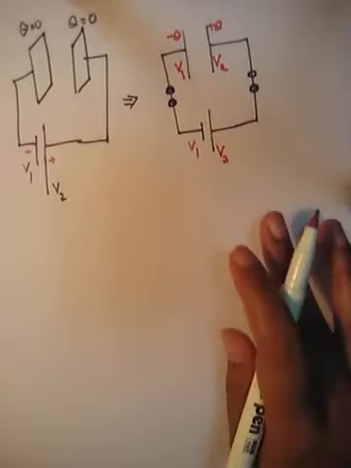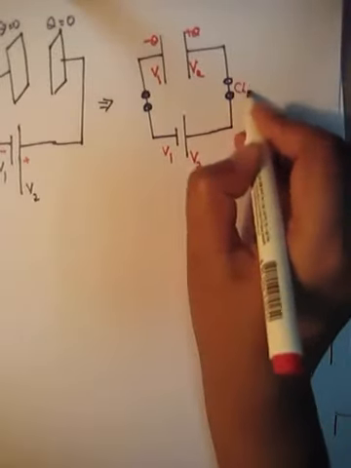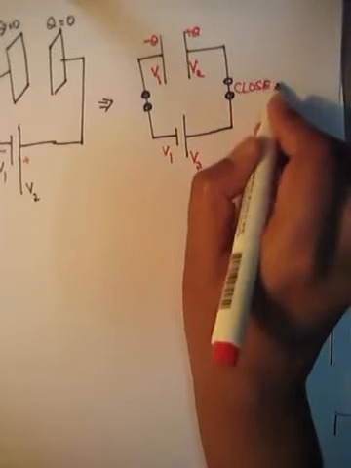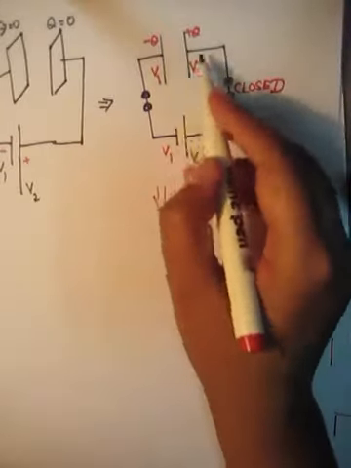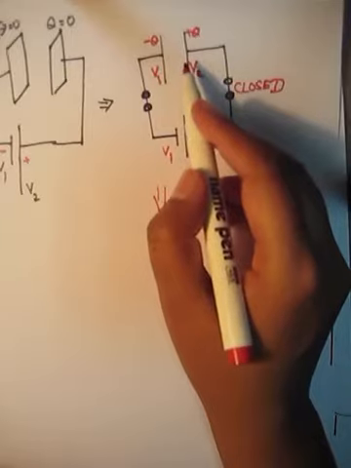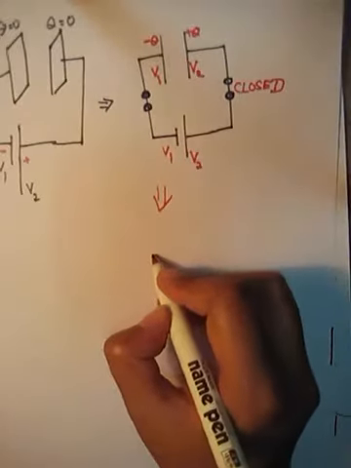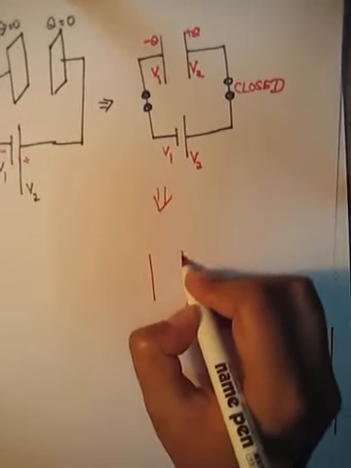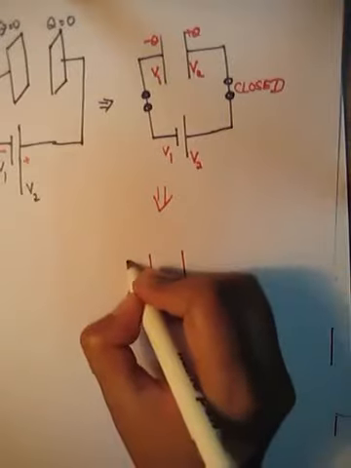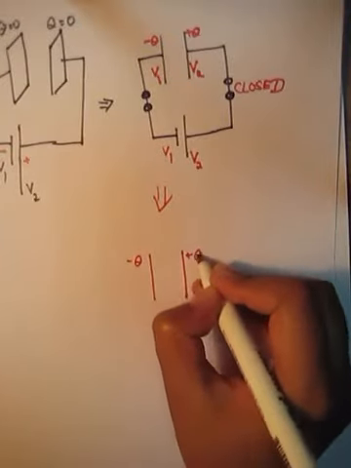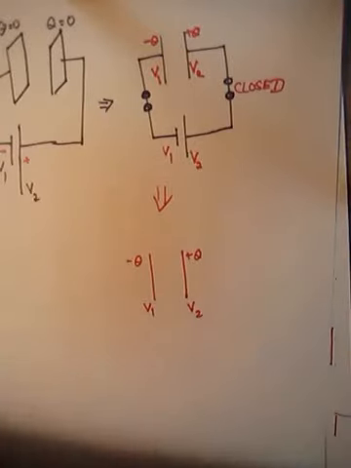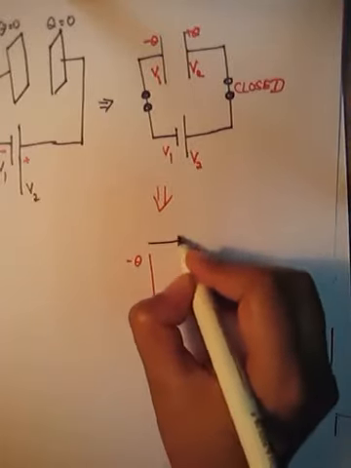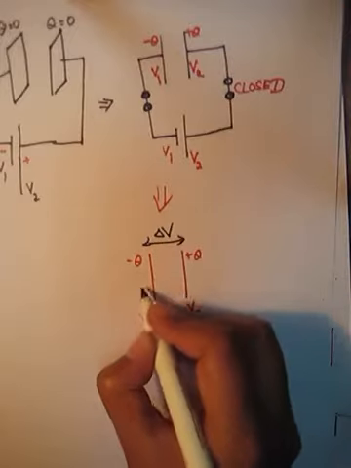And these two switches are closed at this point, so that the circuit is complete. Now suppose that this capacitor is completely charged and it has a charge of minus q, plus q, and V1 and V2. So the potential difference between these two will be delta V.